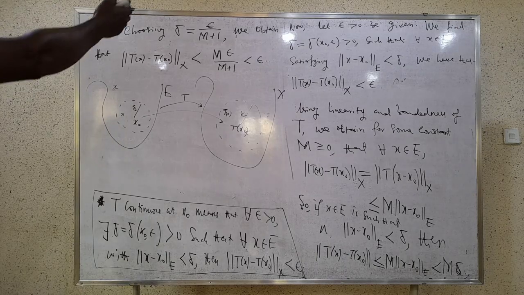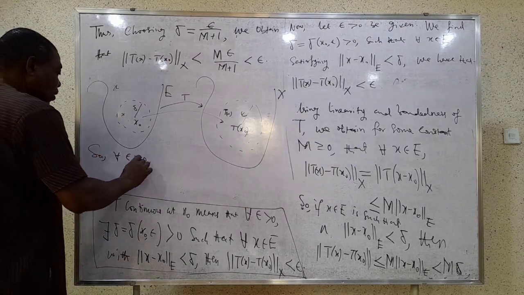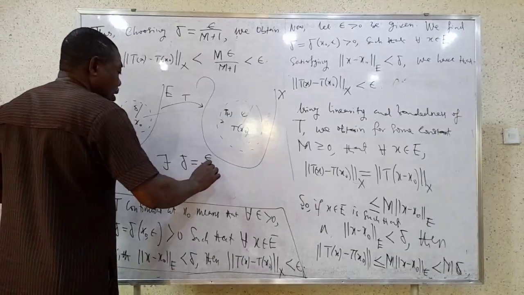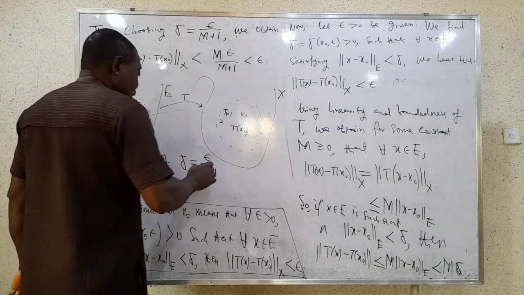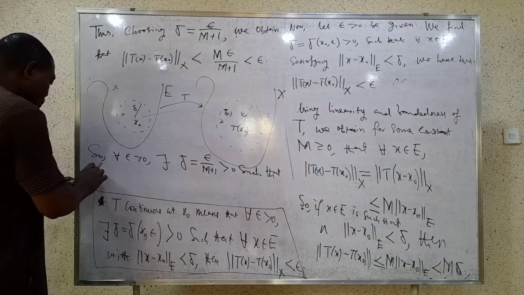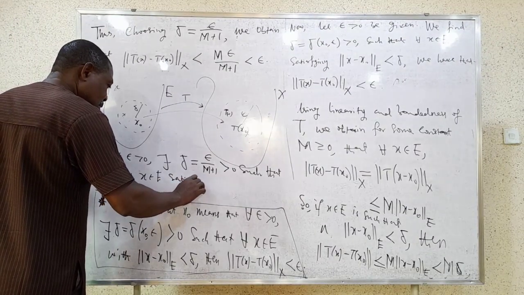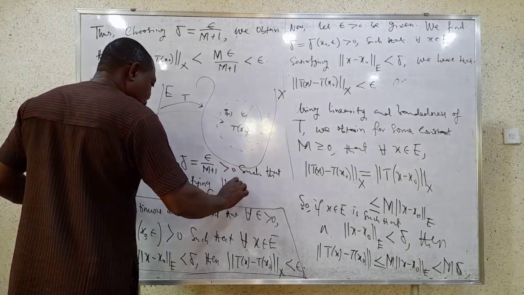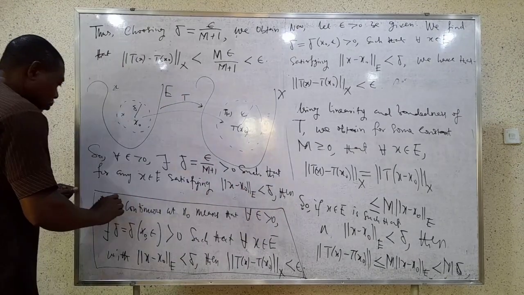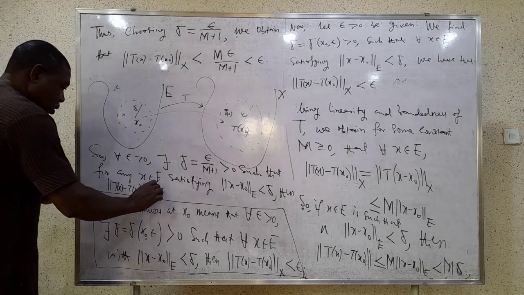So choosing delta to be that, we obtain that for any epsilon bigger than 0, there exists a delta, which is equal to epsilon over m plus 1, and is greater than 0, such that for any x in A satisfying norm of x minus x naught less than delta, then norm of T x minus T x naught will be less than epsilon.